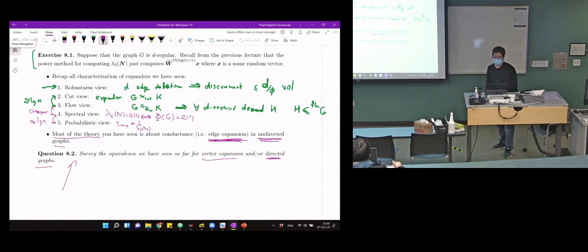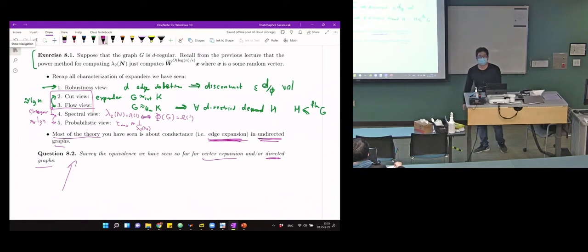As far as I know, I don't think so. So you still can have this flow cut equivalence, but I don't know a good spectral view of vertex expansion. There are some recent papers on this, but I don't know enough to say.